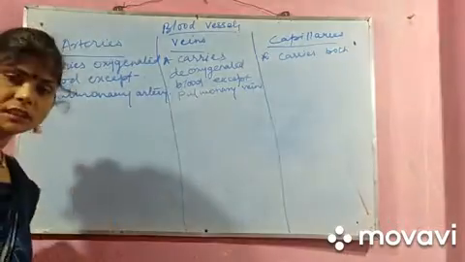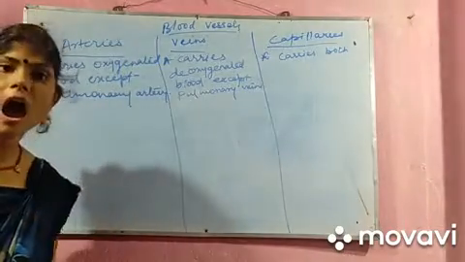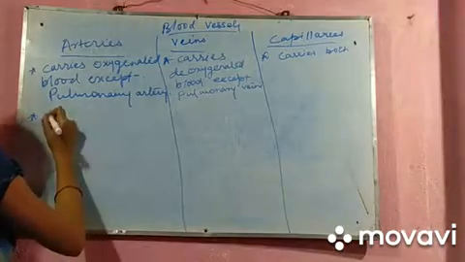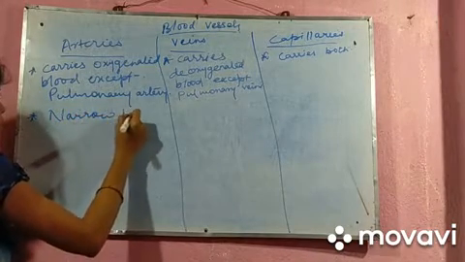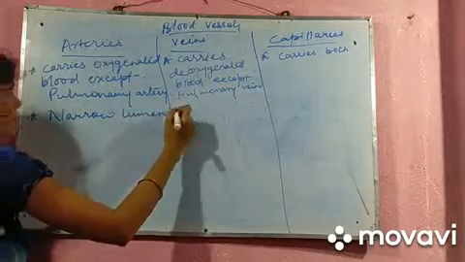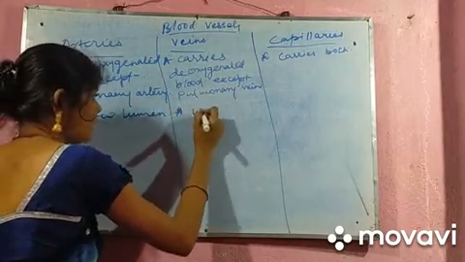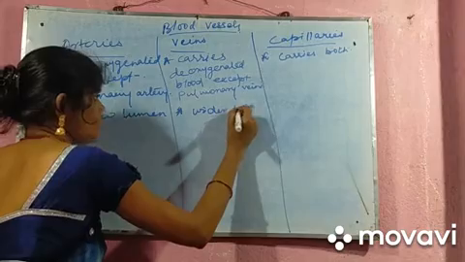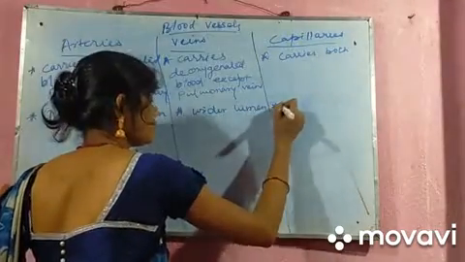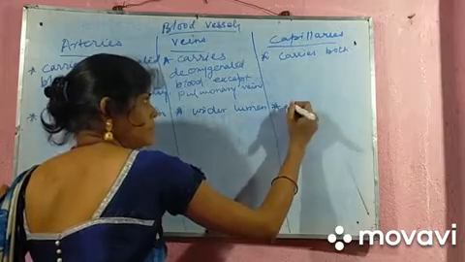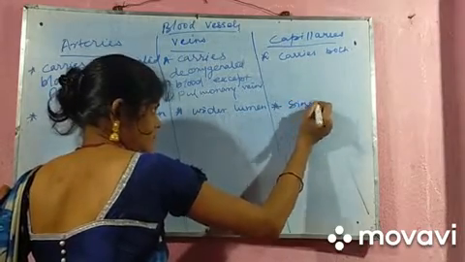Arteries carry oxygenated blood from the heart. Narrow lumen. In veins, a wider lumen. In capillaries, a single cell.